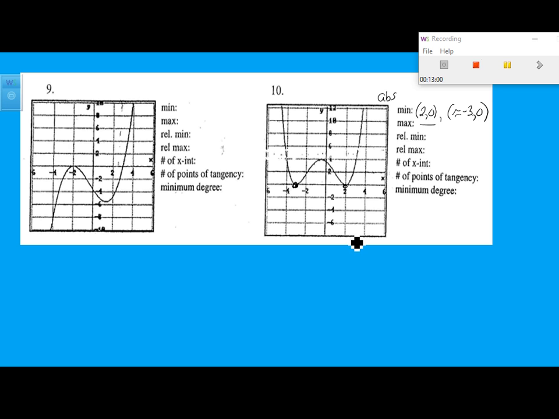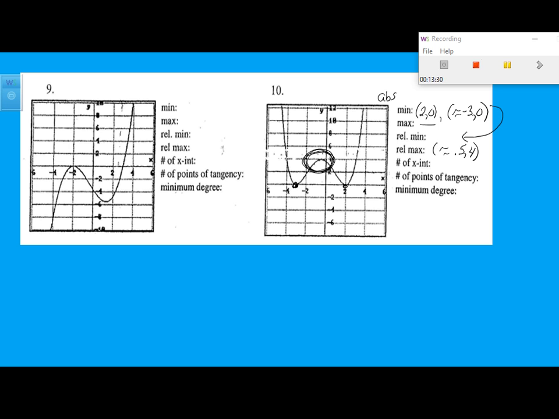Now, relative minimums then would also be those 2 minimums that we just had. There's no absolute maximum, but there is a relative maximum at that ordered pair right there. So once again, guys, I'm going to guess. I'm going to say that this is going to be approximately 0.5, and it looks like my y value is 4.